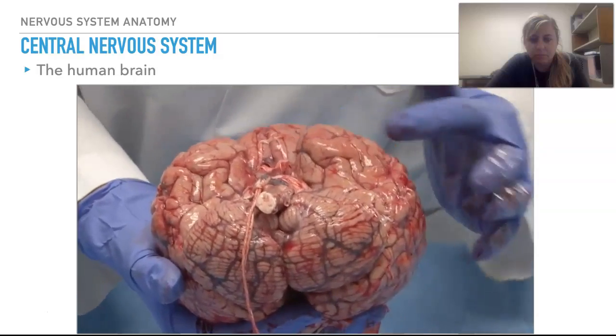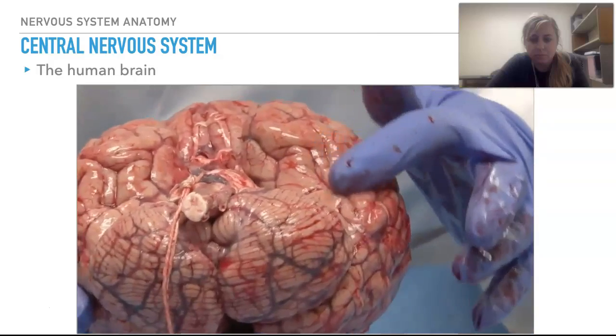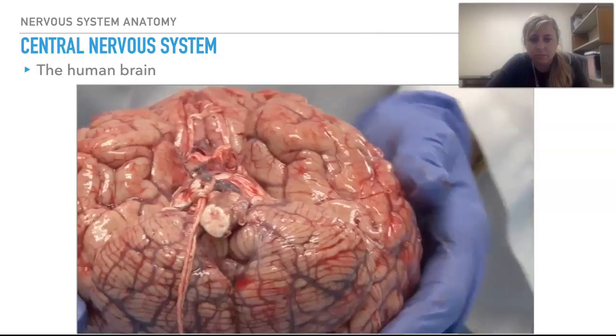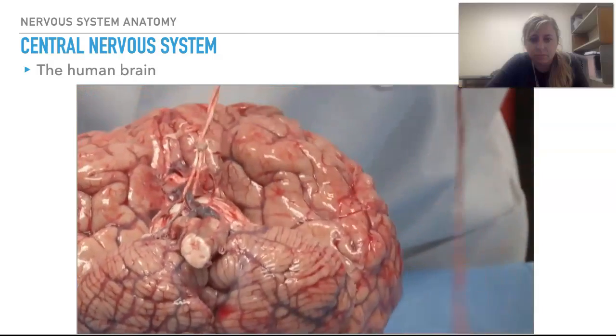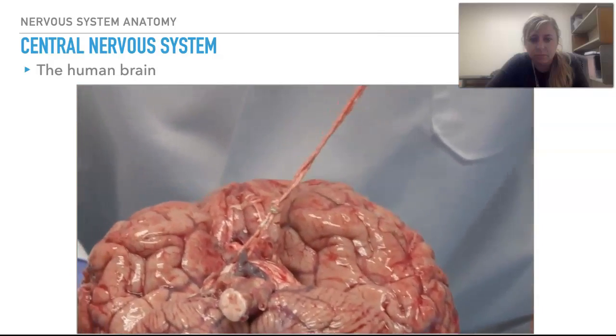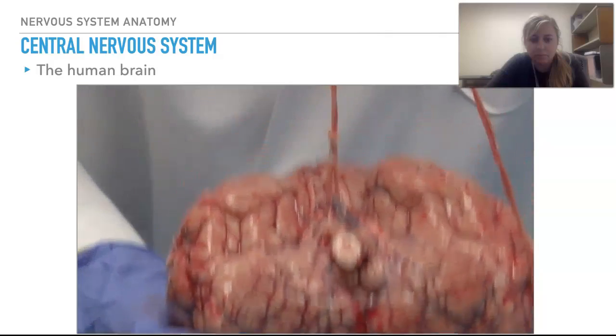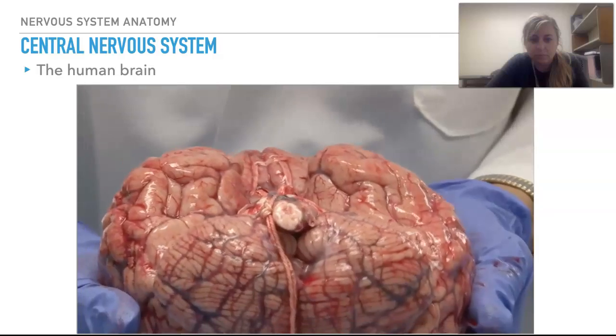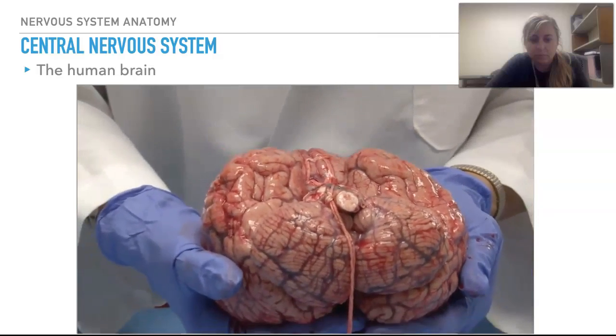In fact, neurosurgeons, when they are doing surgery, often just evacuate with a vacuum or suck out parts of the brain. This string here has been placed around the basilar artery so it can be suspended in a bucket of formaldehyde in order to denature the protein and harden it.